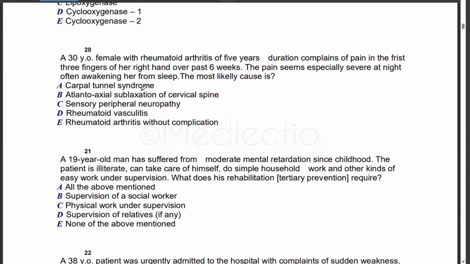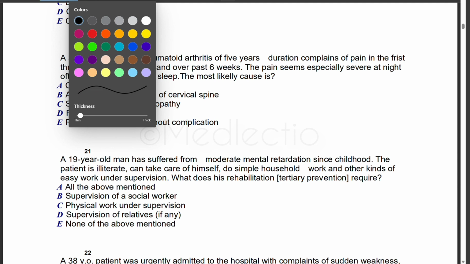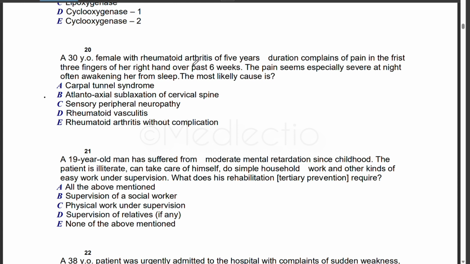Next question. A 30-year-old female with rheumatoid arthritis of 5 years duration complains of pain in the first three fingers of her right hand over the past 6 weeks. The pain seems especially severe at night, often awakening her from sleep. The most likely cause is? First, there are a few things we need to exclude. Atlantoaxial subluxation of the cervical spine can't be our answer.